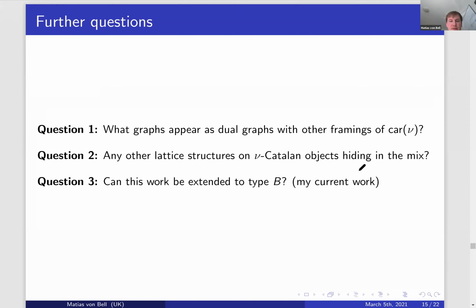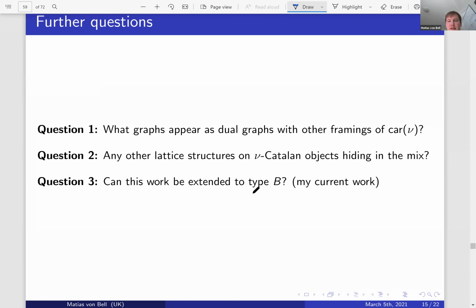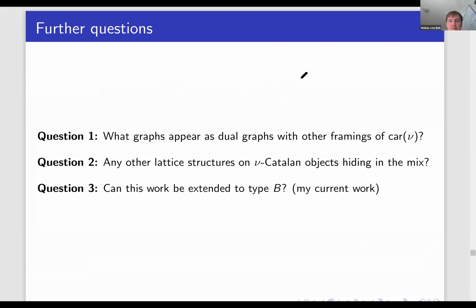And then also, can this work be extended to type B? I'm currently working on this. I think there are some methods that we can apply from Ceballos, Padrol, and Sarmiento's study of the type B Tamari lattice that might now help us think of flow polytopes in type B. That's something I'm currently thinking about. So these are my questions. Now I'll turn it over to your questions. So thank you.